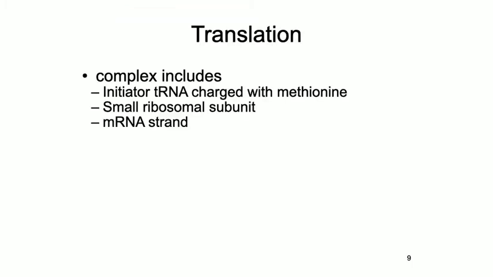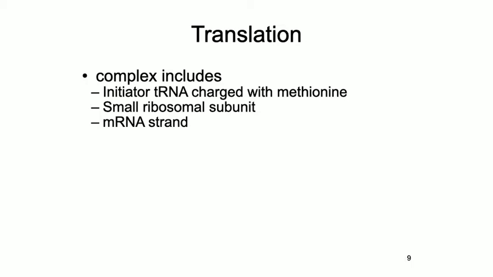Okay, so for translation, the complex includes the first transfer RNA that's always going to be loaded. Remember, at its back end, it's going to be carrying an amino acid called methionine, while its anticodon is going to be complementary to AUG, because AUG is always the first codon on the mRNA that is read.